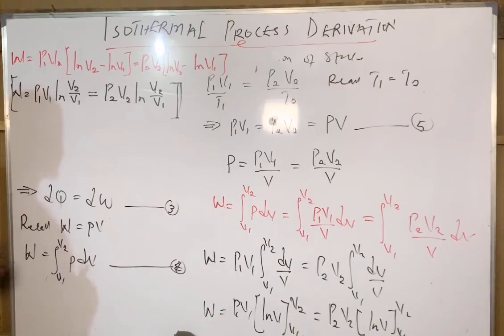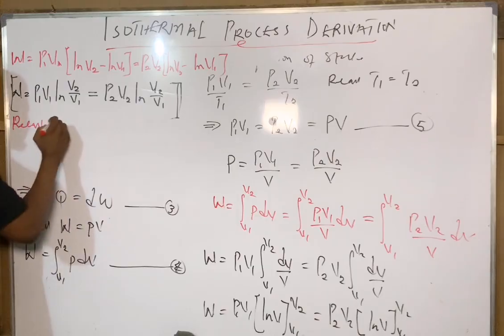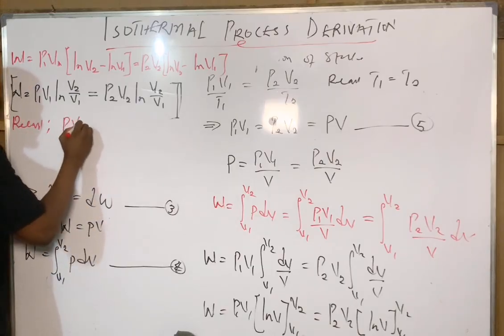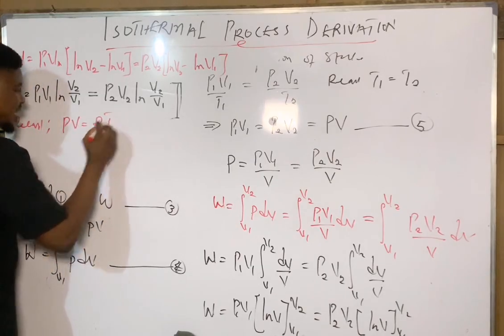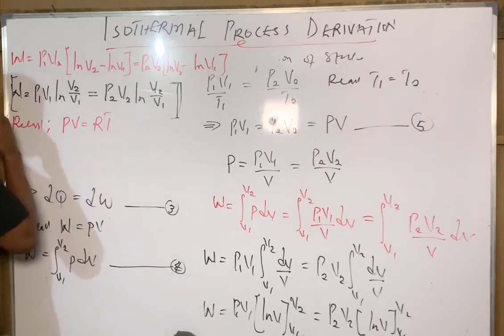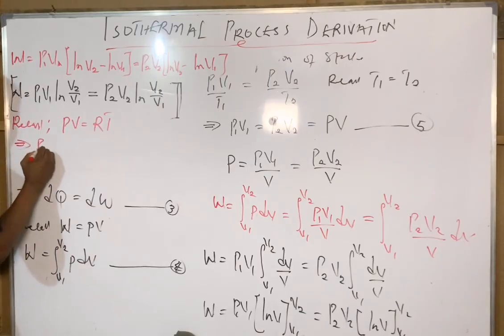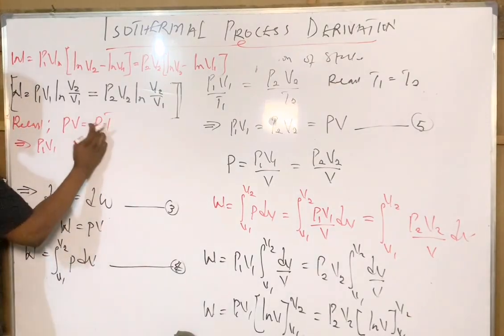Now, recall again from the equation of state that PV itself is equal to RT, where R is the universal gas constant. So from here, P1 V1, pressure and volume change with respect to temperature, R is kept constant.